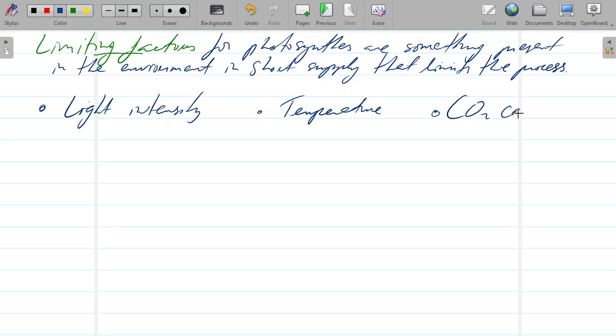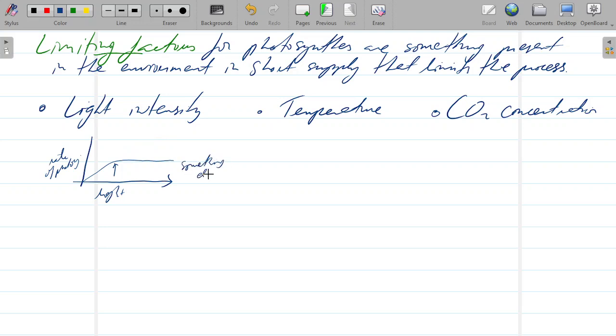If you see, for light intensity, this is light and this is the rate of photosynthesis. What you see is that after a certain point, increasing light intensity does not increase the rate of photosynthesis any further. That means there's something else limiting, because you are providing more light.